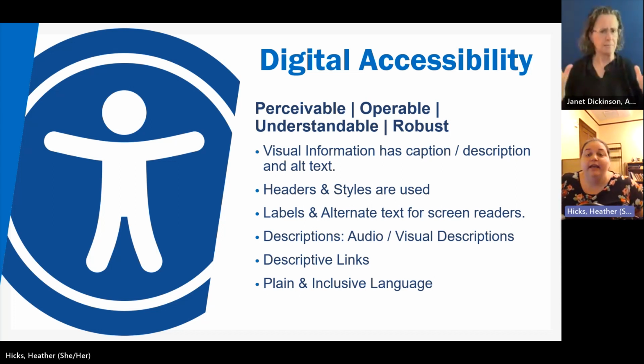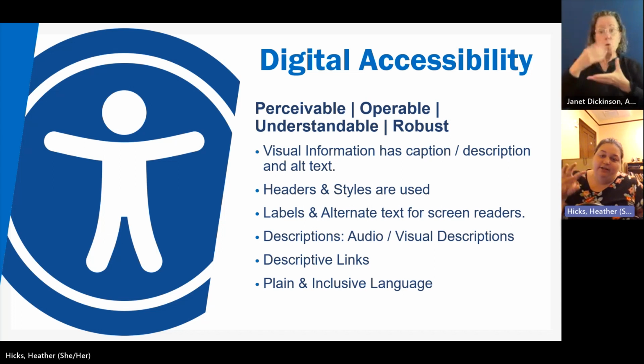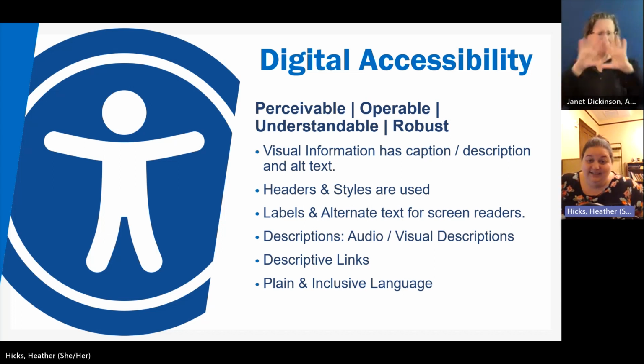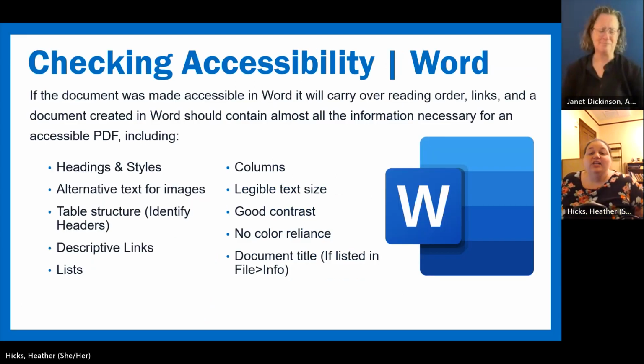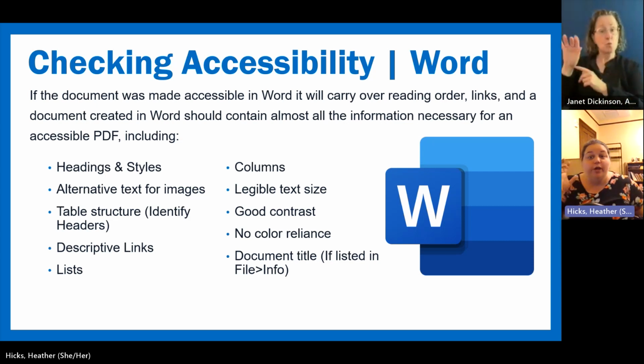Plain and inclusive language. And so that's the general idea of digital accessibility at like 10,000 feet. It's very, very high. So most of us start with Word for our documents, and if you do it appropriately, it can be more easily accessible.